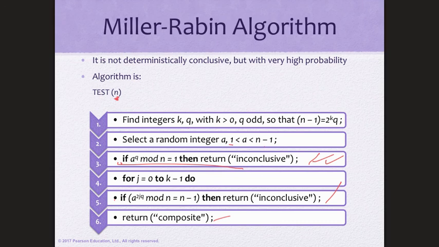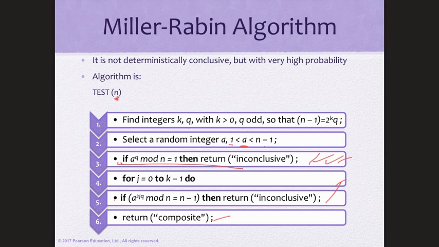Okay, that's it. Now, this has a possibility of making a mistake. So how do we overcome that or reduce that possibility? By going again and selecting another random a and doing the test again, and maybe repeating the test 10 times. The possibility that a non-prime number will pass the test all 10 times becomes very low, which means that if it passes all 10 times, there is a high possibility that the number I selected is actually prime.